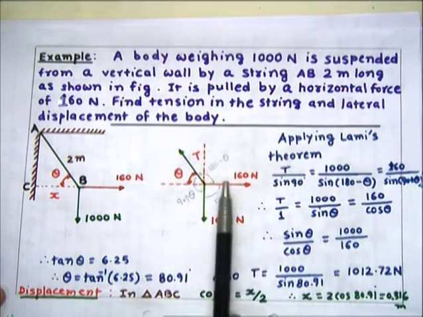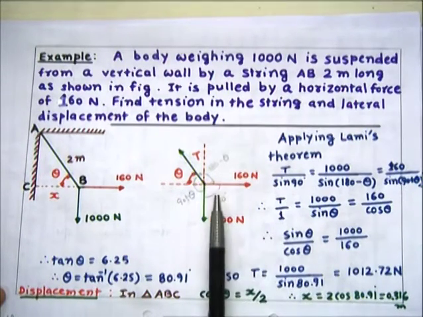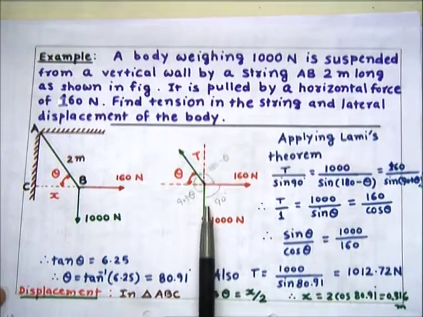So applying Lamy's theorem, T divided by sine 90, because between this force and this force the angle is 90 degree.